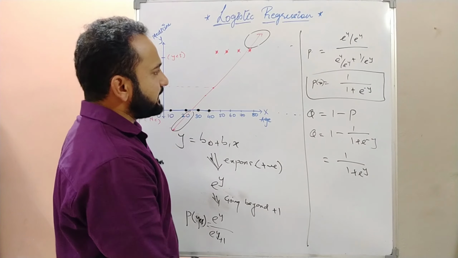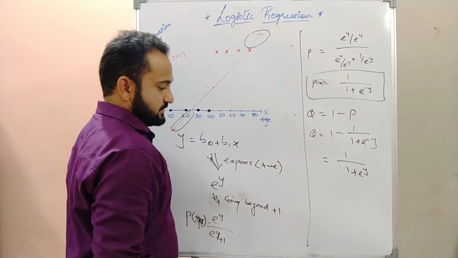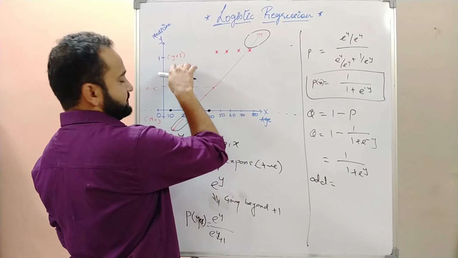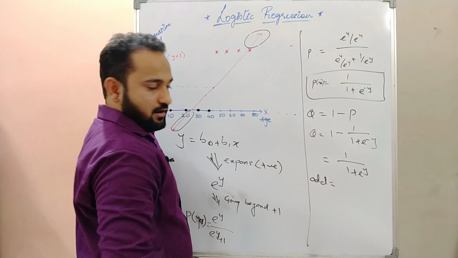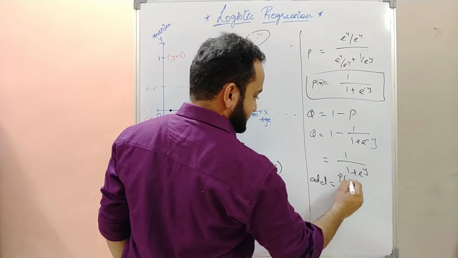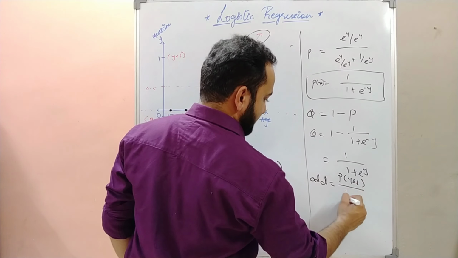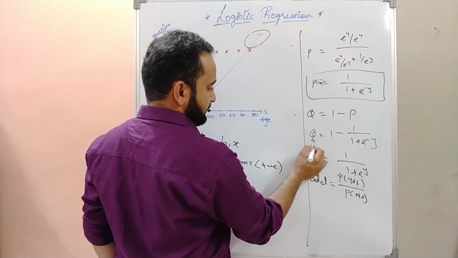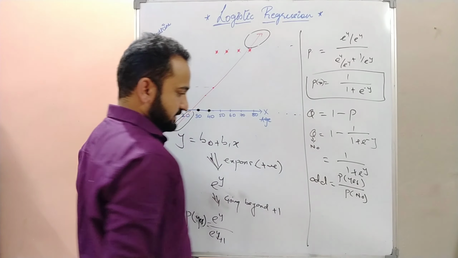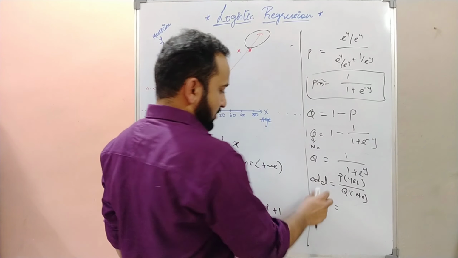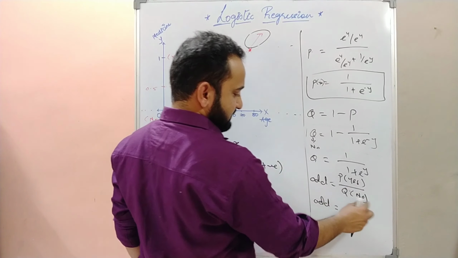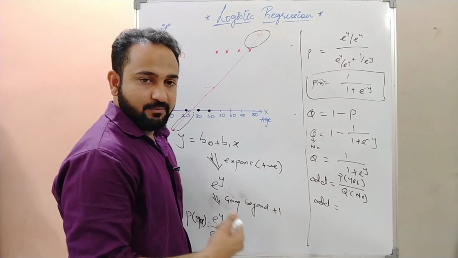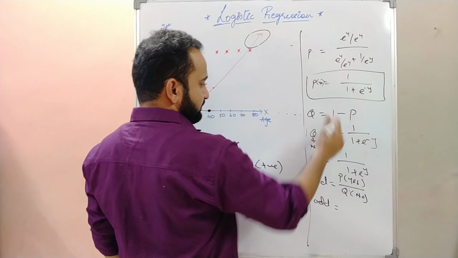Fine. So let's check the odds of this. Odd in this case will be what? Tell me. Odd of success is the probability of success or yes divided by probability of no. Right. Q is my no and P is my yes. So odd will be P of yes divided by Q, probability of yes divided by probability of no. So simply put these values.